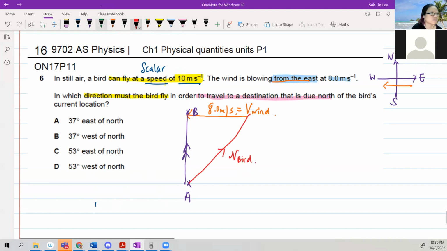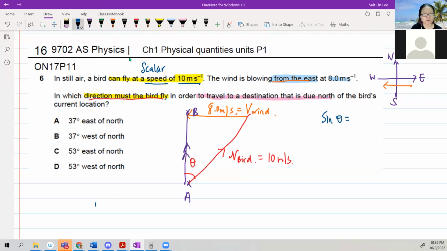We don't really need to find the speed of the bird. We know the speed of the bird, 10 meters per second. It's just the direction that the bird must fly. So in that case, I have to find this theta. I could use opposite over hypotenuse. That'll be sine, right?